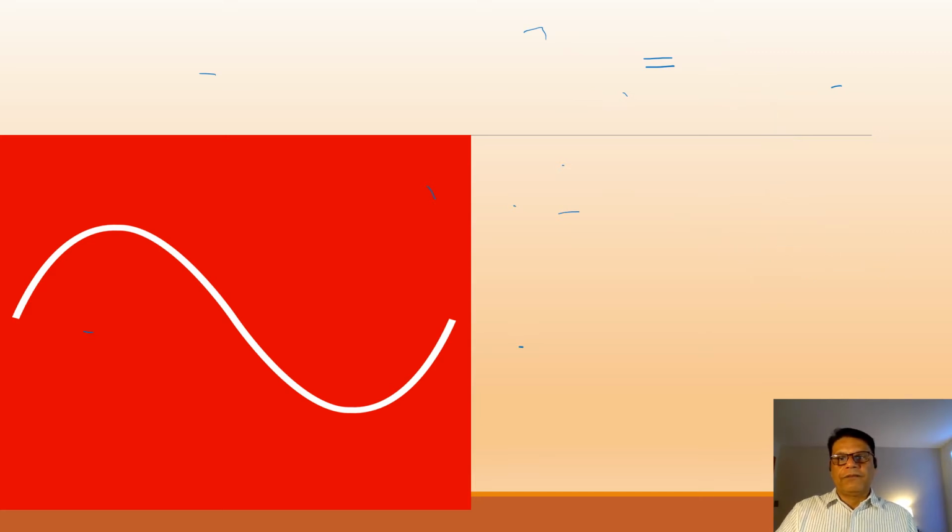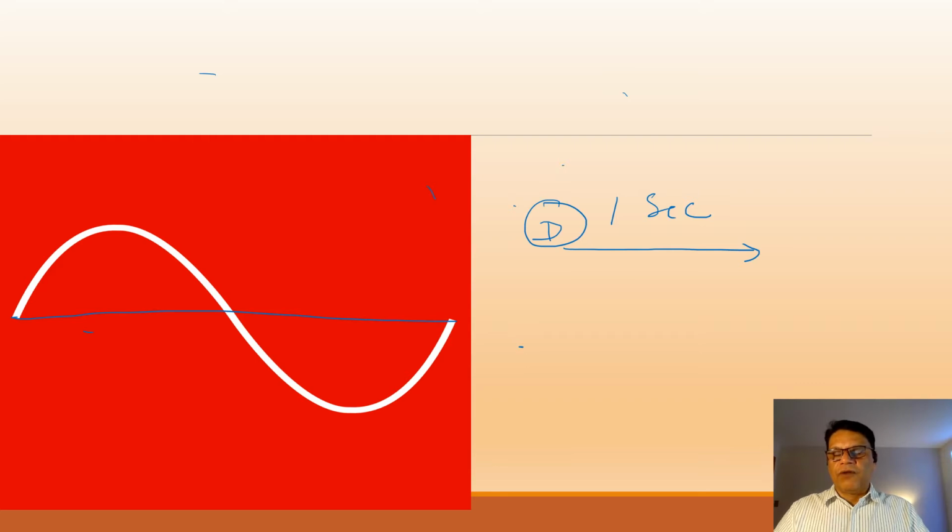The fourth parameter that we already discussed is the propagation speed. Propagation means traveling, that is, at what rate it travels. The distance traveled by a wave in 1 second is called its speed.